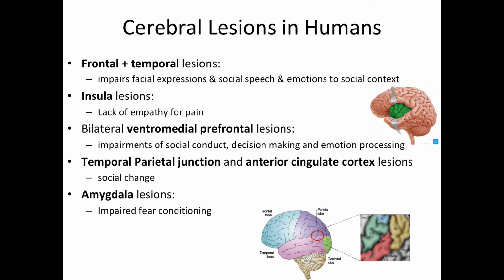And case studies also show that bilateral damage to the ventromedial, aka ventral, bottom, medial, towards the midline, regions in the prefrontal cortex produces impairments in social conduct, decision making, and emotion processing. So patients with bilateral ventromedial prefrontal lesions are also described as having poor judgment regarding their personal and occupational affairs and making poor decisions in laboratory tasks that are designed to measure complex decision making.